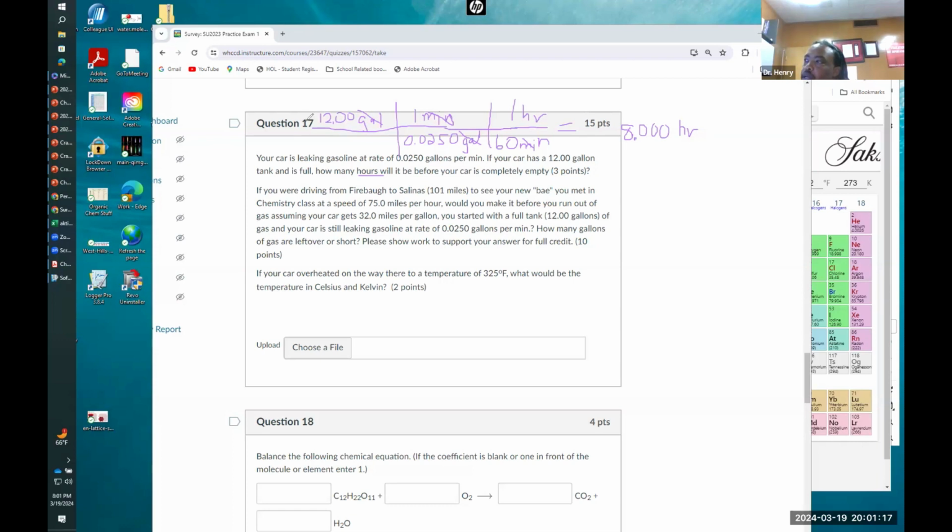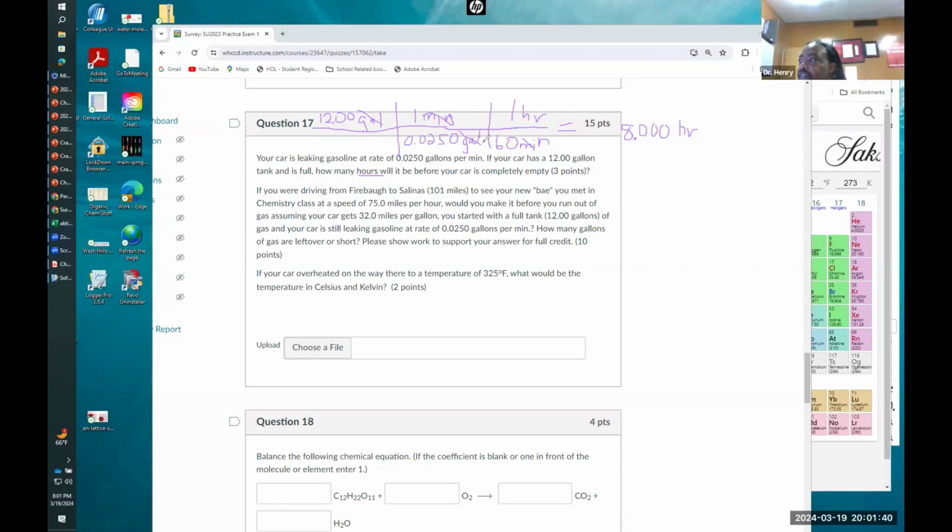Okay. So if you start off with your given, because we're starting off with gallons, we have 12.00 gallons, right? We're going to divide it by 0.025 gallons, right? So those gallons are going to cancel out. That's going to leave me with minutes. So if you do that, that's going to give you something like 480, right? Yes. Okay.